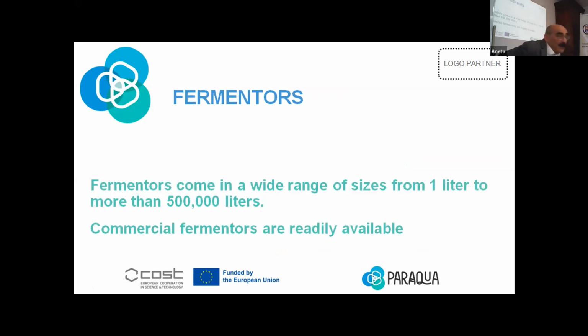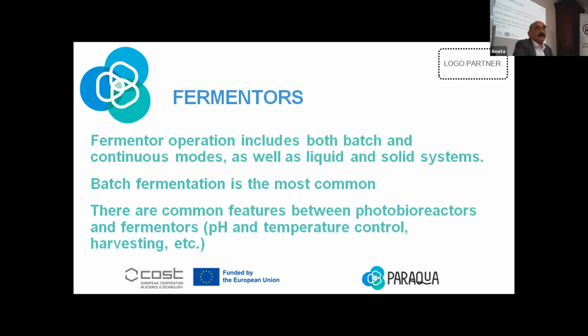Fermenters are a little bit different than photobioreactors. They are basically the same in shape, and like they say here, you can buy fermenters from 1 liter to more than 500,000 liters. They are available, but they are pretty expensive.